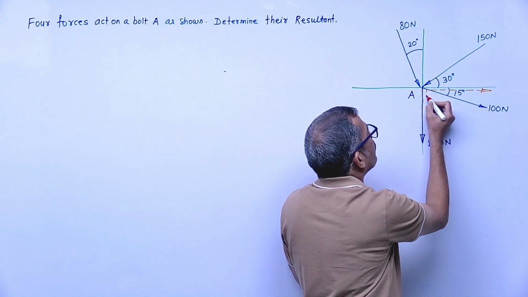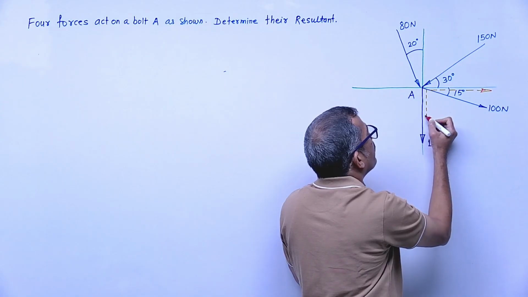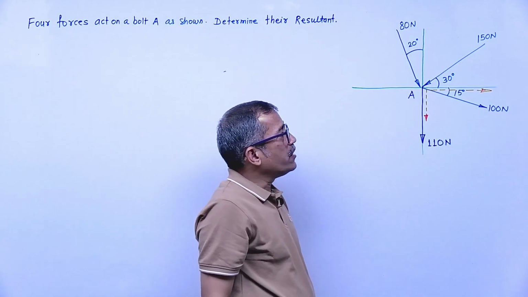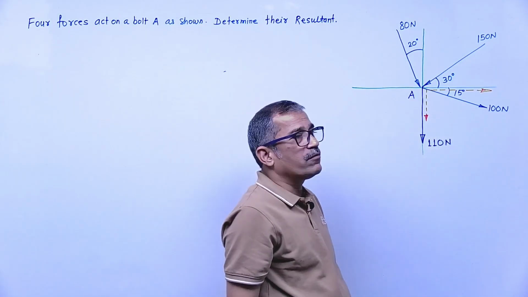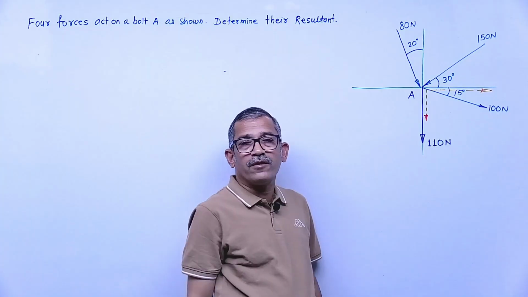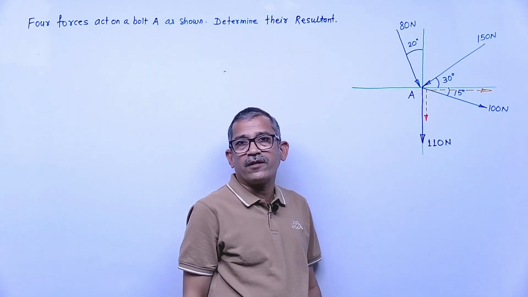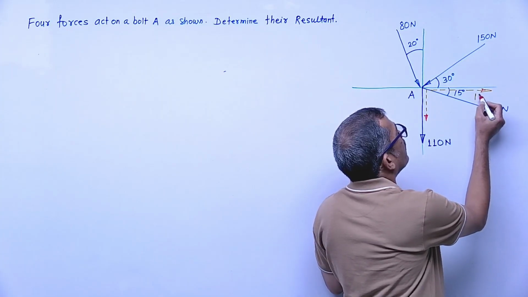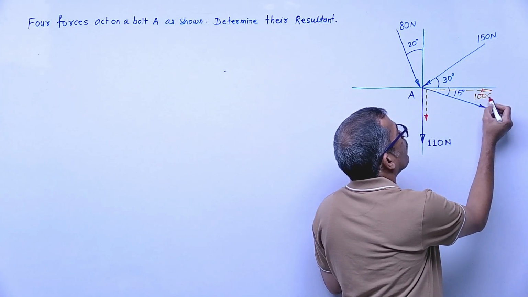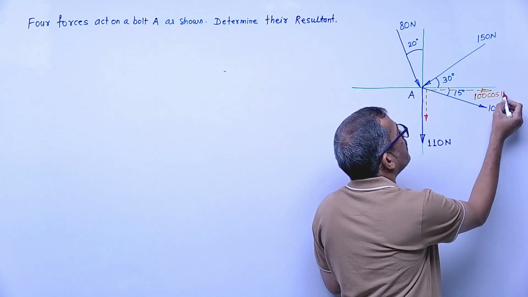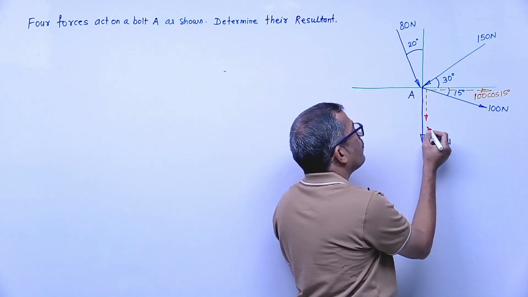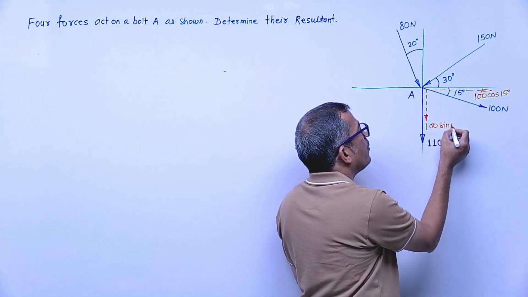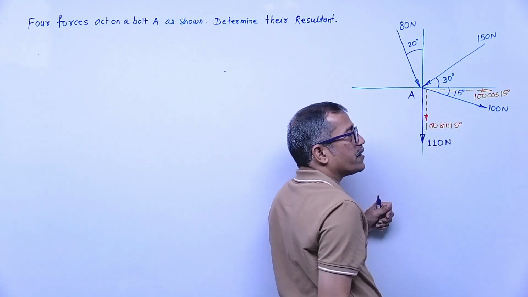The inclination of 100 Newton is given with the horizontal, so the horizontal component is cos and the vertical component is sin: 100 cos 15 degrees and 100 sin 15 degrees, correct?